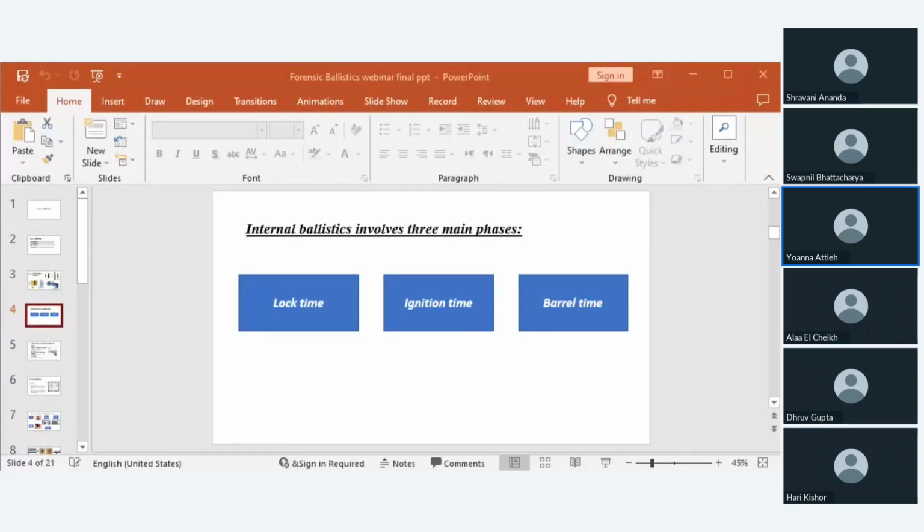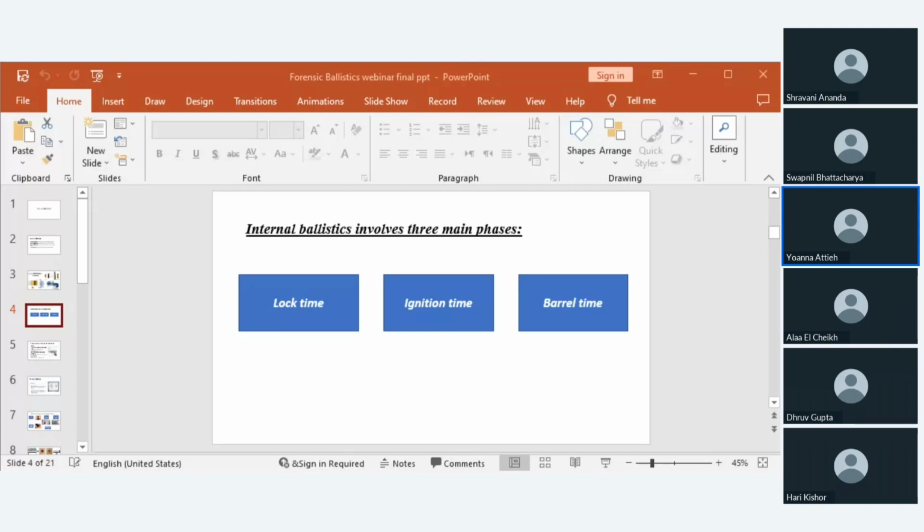When talking about ignition time, this is the time taken for the firing pin to strike the primer and ignite the propellant. This phase typically lasts only a very short time, around 0.002 seconds. So it's too fast. Now talking about the barrel time, this is the time taken from when the trigger is pulled to when the projectile exits the muzzle.